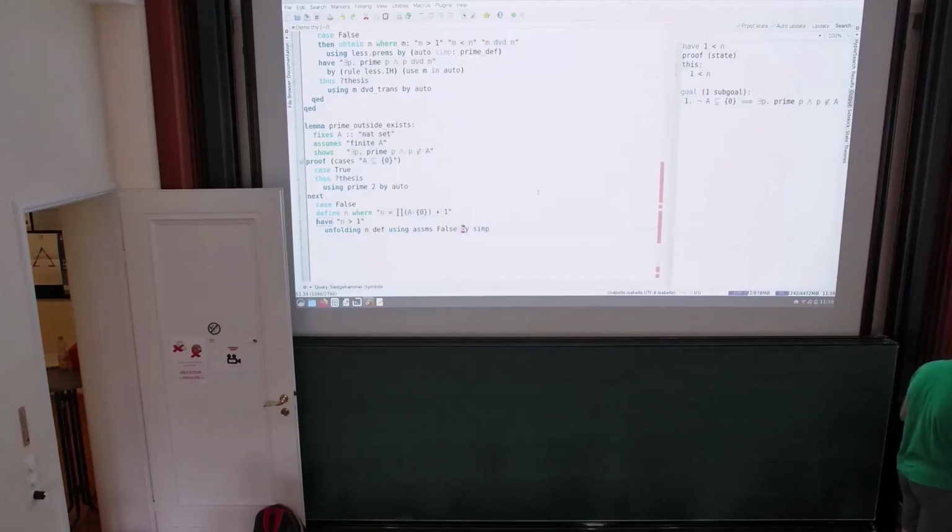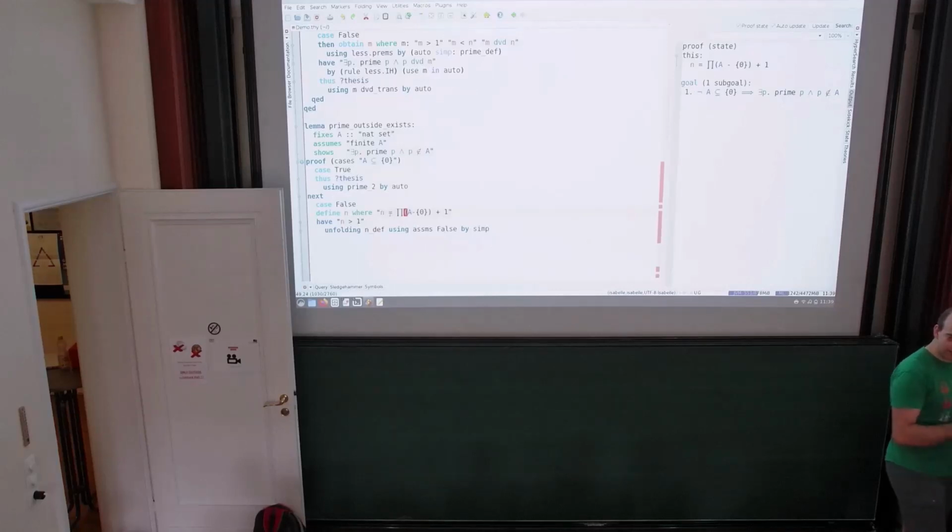From this definition here, from this define command. This define command fixes a local variable n and assumes that it is equal to the term on the right-hand side and calls this fact ndef. And in the end, when I finish my proof, this gets eliminated again, so we get rid of that assumption.